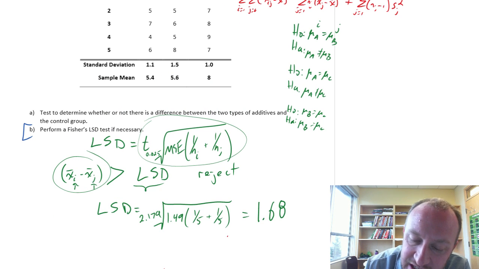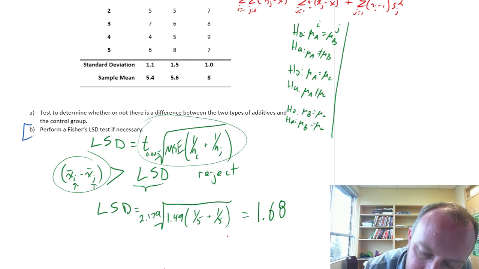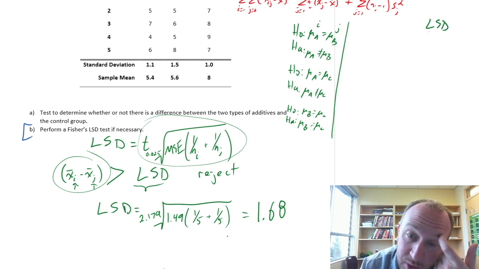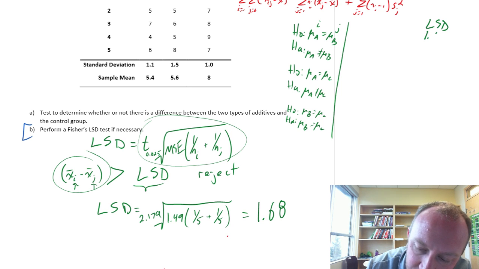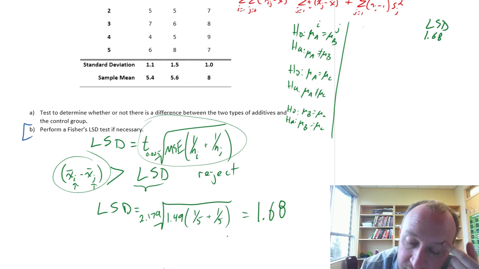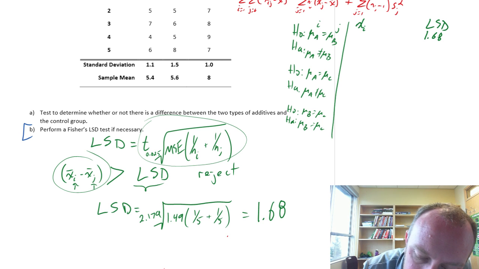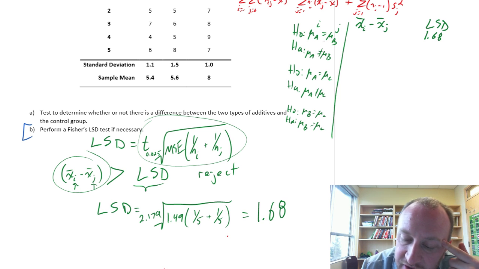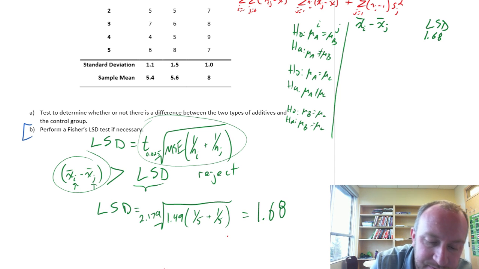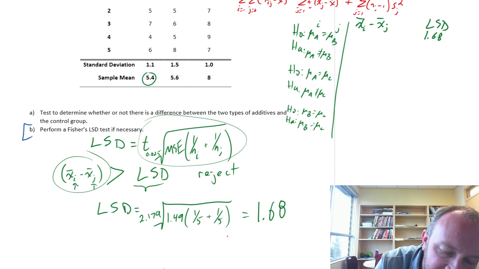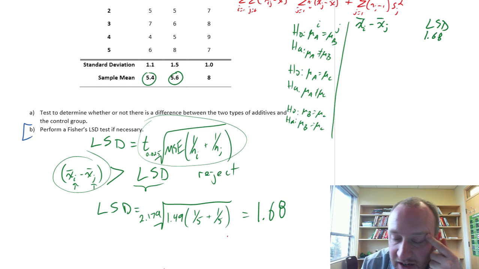So now, for each of these sets of hypotheses, we want to compare the difference in the point estimate of the sample means with a LSD value of 1.68. So if we calculate here, we'll put in x bar i and j. So for this first one, A and B, that's going to be 5.4 and 5.6.